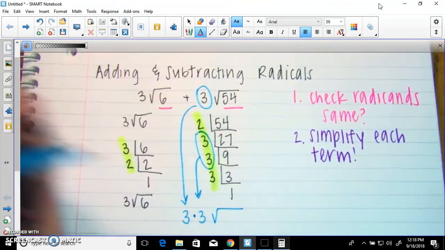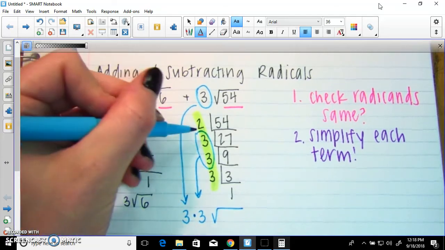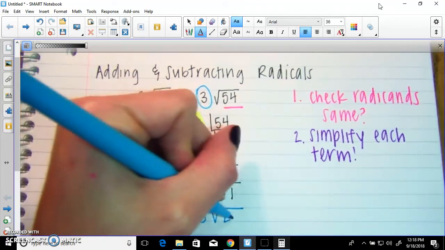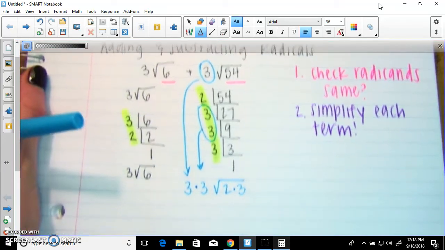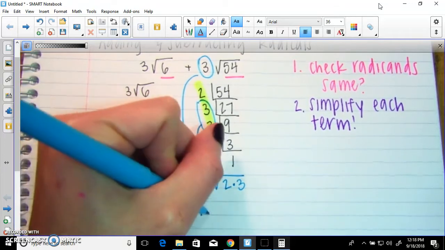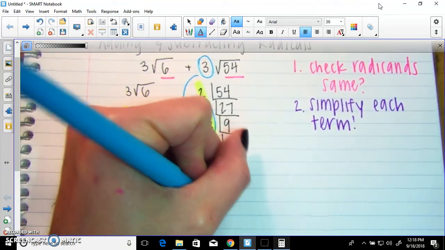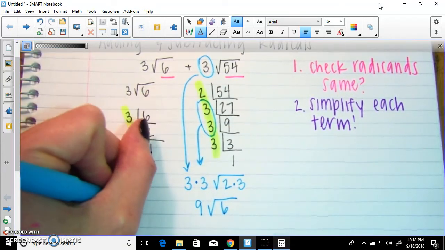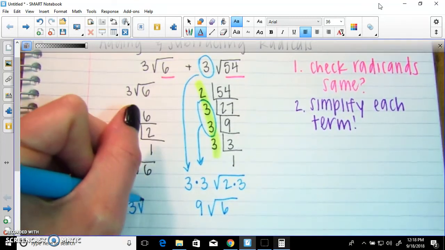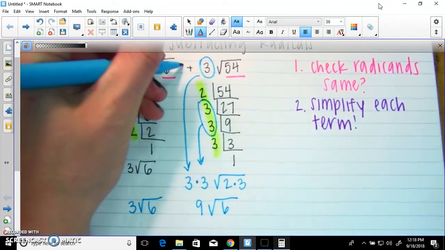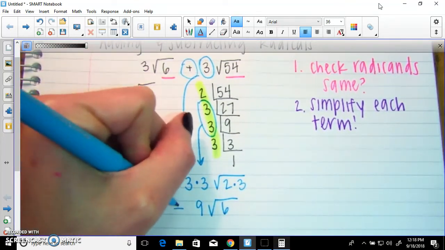And let's check what's left on the inside of the radical symbol. A 2 and a 3. So 2 times 3. So simplified, this is 9 root 6. 3 root 6 from the beginning didn't change. And there was a plus sign in between them.